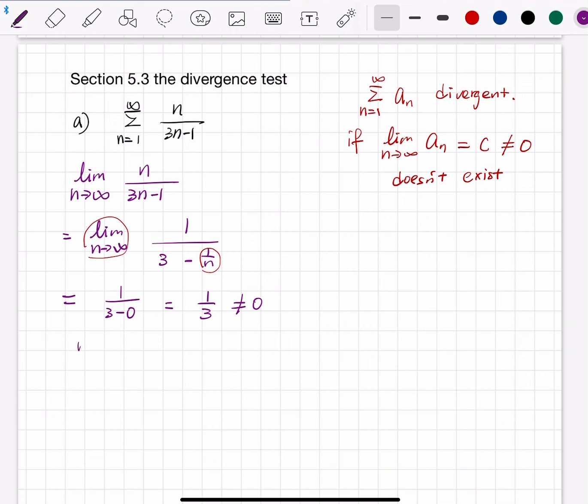So by the divergence test, the series diverges.